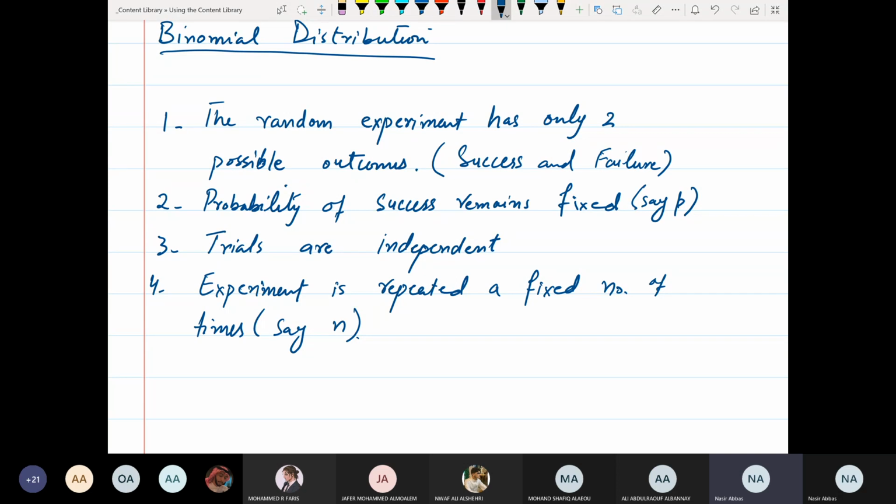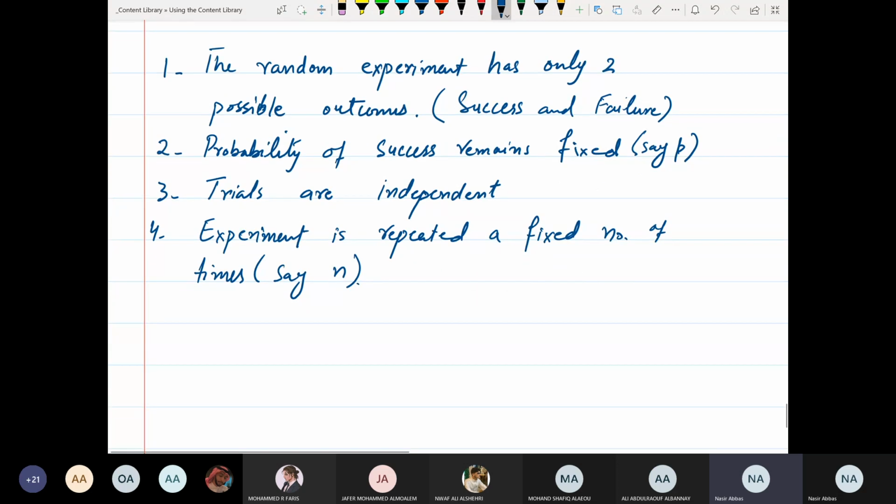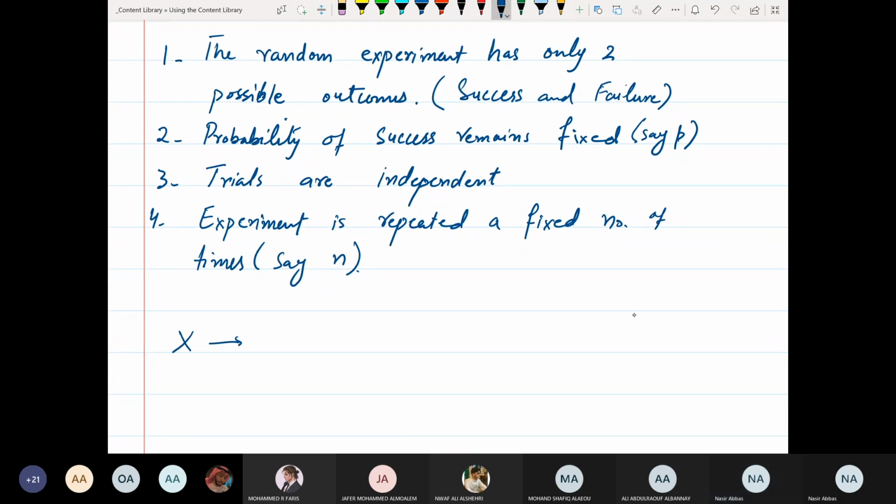Say you denote it by p, small p. If there is an experiment that fulfills these 4 properties, that experiment is called a binomial experiment. And from that binomial experiment, if you define X as number of successes, then this X will follow a binomial distribution.